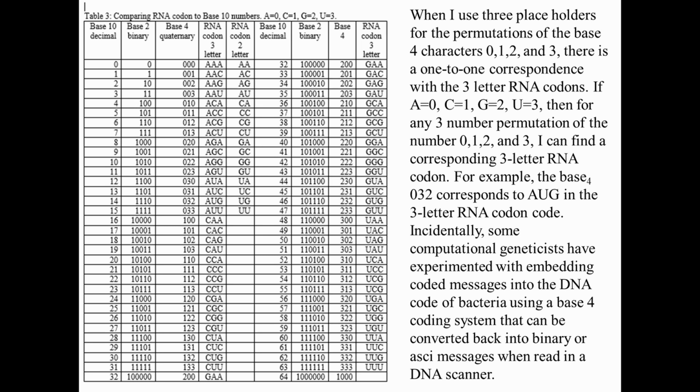For example, the base 4 032 corresponds to AUG in the 3-letter RNA codon code. Incidentally, some computational geneticists have experimented with embedding coded messages into the DNA code of bacteria using a base 4 coding system that can be converted back into binary or ASCII messages when read in a DNA scanner.